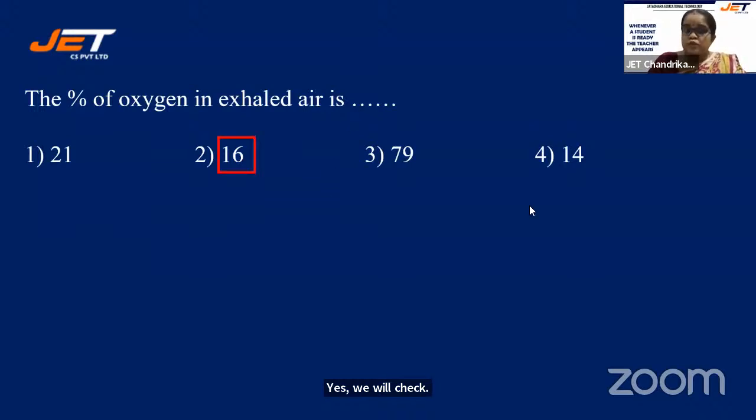Yes, it is option 2, absolutely the right answer, 16%. Riya Nayak, Shruti, Preetika, Gayatri, Kumari. Only a few students gave me the right answer. Pavani, please everyone correct your answers. It is 16%. Let us move to the next question.